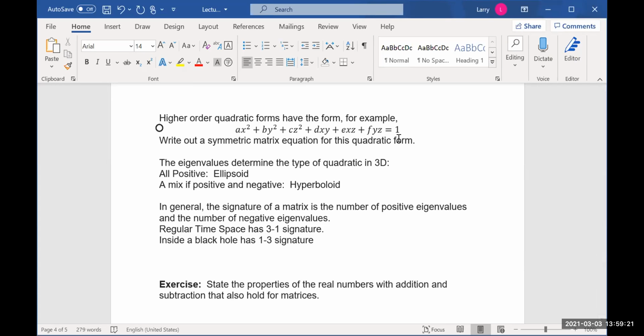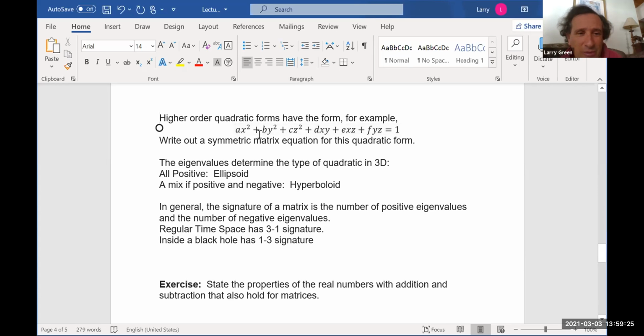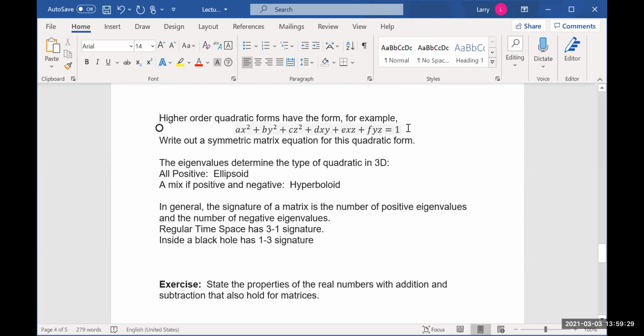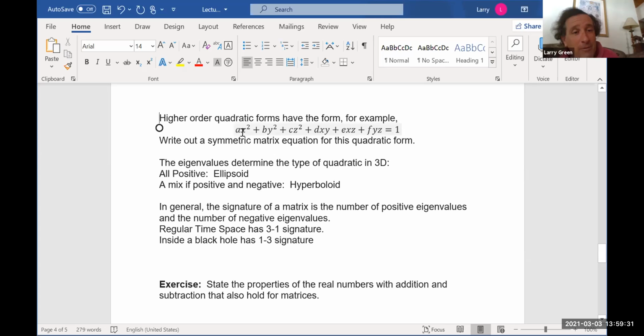A sphere. But if it was 2x squared plus y squared plus z squared equals 1, it is an ellipsoid. What if it was x squared minus y squared plus z squared equals 1? A hyperboloid. So you learned that last quarter, right?